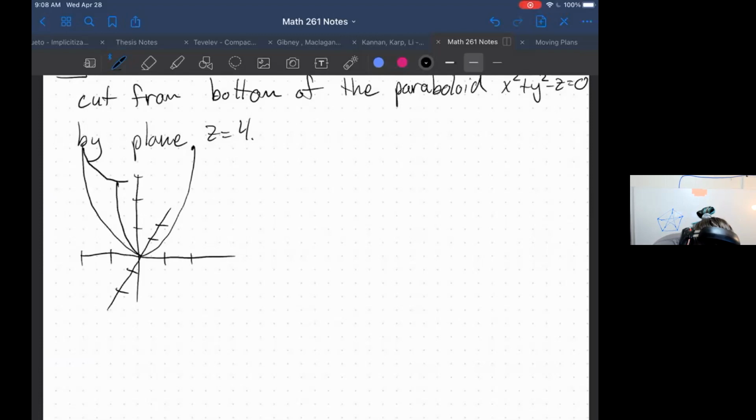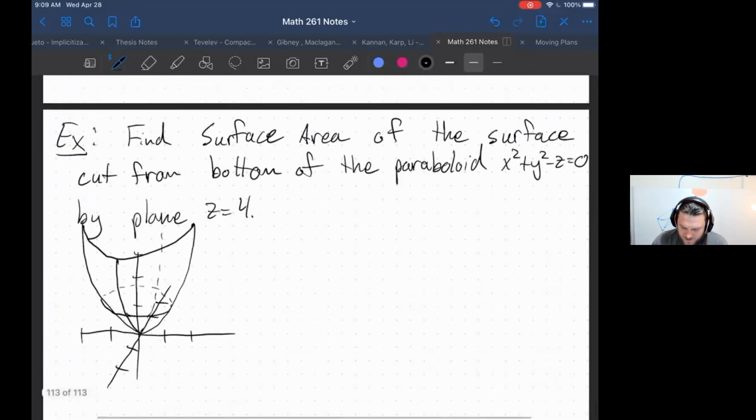And then the cross sections are some sort of circle here, with the paraboloid going back that way. Something like this. But again, just think of the bottom of a bowl, basically.